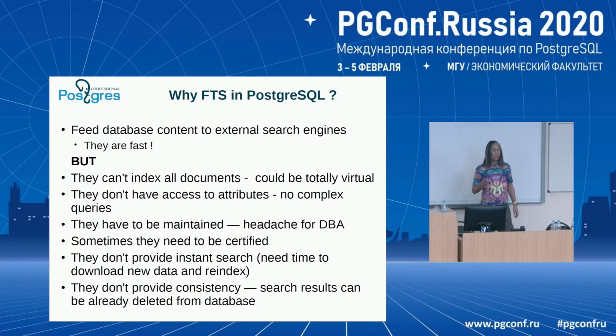For example, you cannot index all documents because they are totally virtual, they do not exist. If you have a lot of tables and your system is big, documents can be generated just by query results. And these documents are virtual, they are not available for external engines.